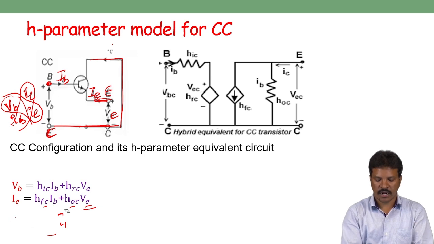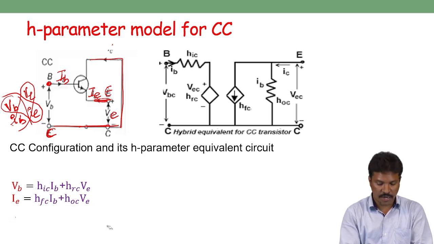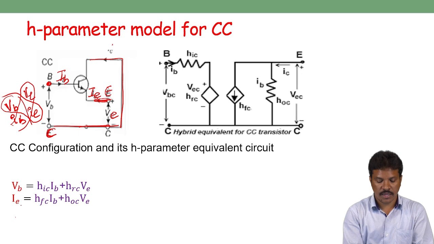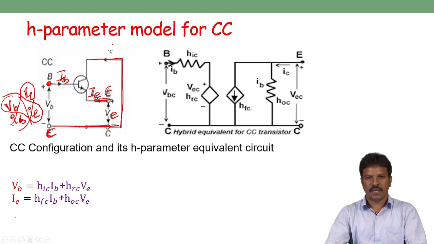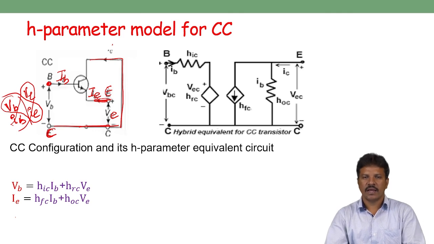So the H parameter model is VB equals HIC IB plus HRC VE, and IE equals HFC IB plus HOC VE. In this way we can draw the equivalent diagram of a transistor connected in common emitter, common base, and common collector.